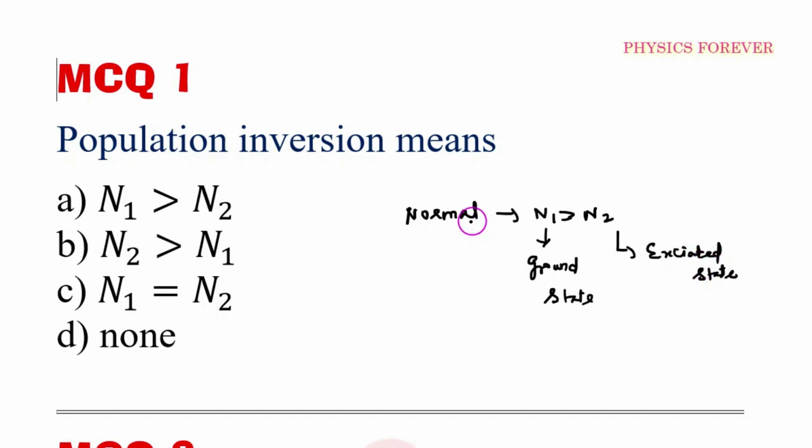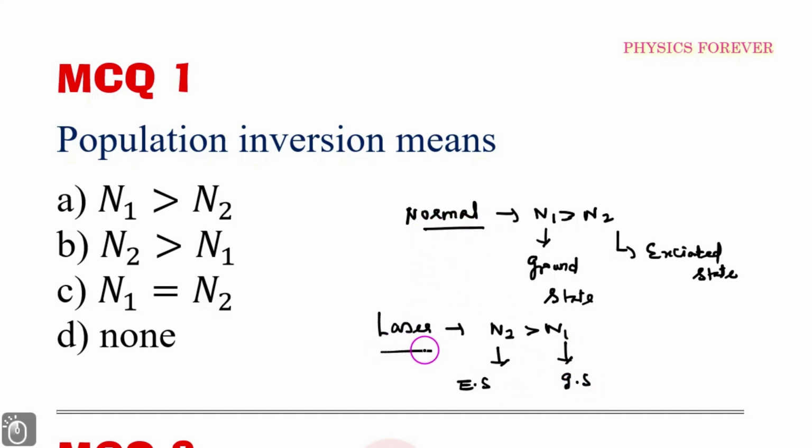This is for the normal case, but for laser it is inverse: n2 is greater than n1, where n2 is the excited state and n1 is the ground state. This is the most important difference for a laser. You must remember this.